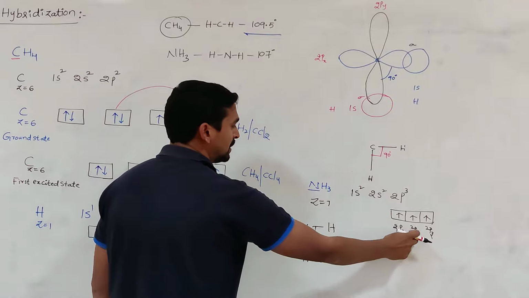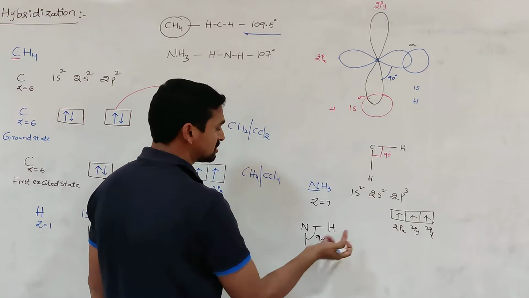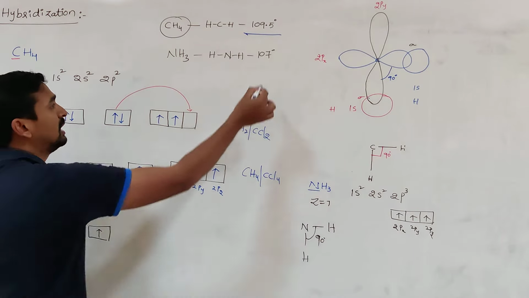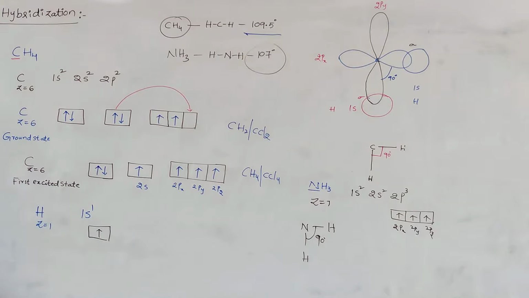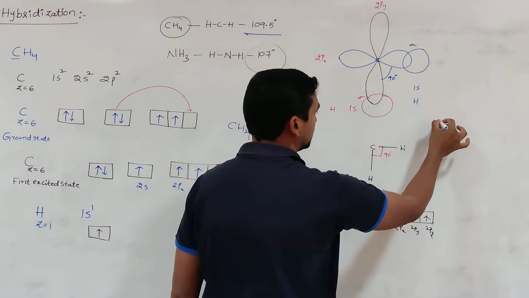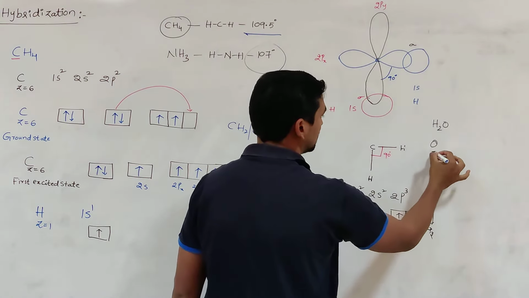These are mutually perpendicular, just like in the previous case. Here also the bond angle is 90, but in reality what is the bond angle? 107. That could not be explained by the concept of overlapping of atomic orbitals. Not only this one, you can also take the water molecule. In the water molecule, what is the central atom?